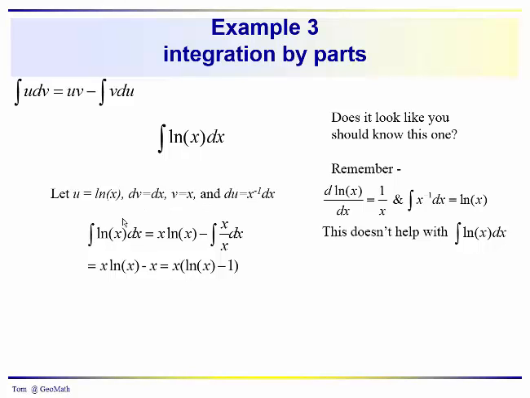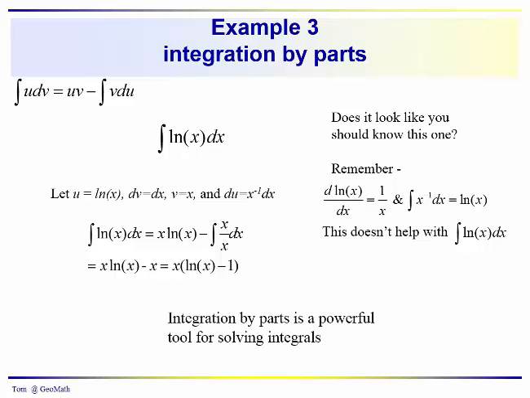We plug all that back into this relationship here. We get x log of x minus the integral of x over x dx. And that reduces to x log of x minus x, which is equal to x, factoring out the x, times the log of x minus 1.